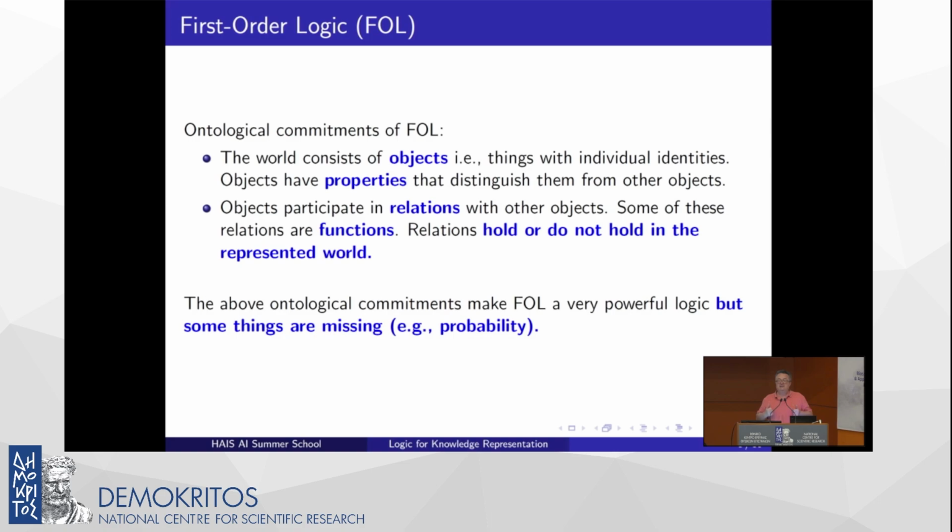And now, this is important, the relations either hold or do not hold in the world, okay? So there's no fuzzy logic, for example. Or you cannot express probability. You cannot say the probability of this happening is 0.8.